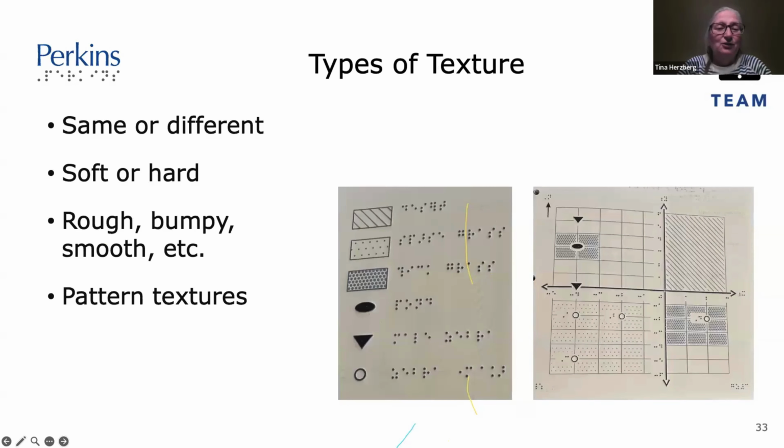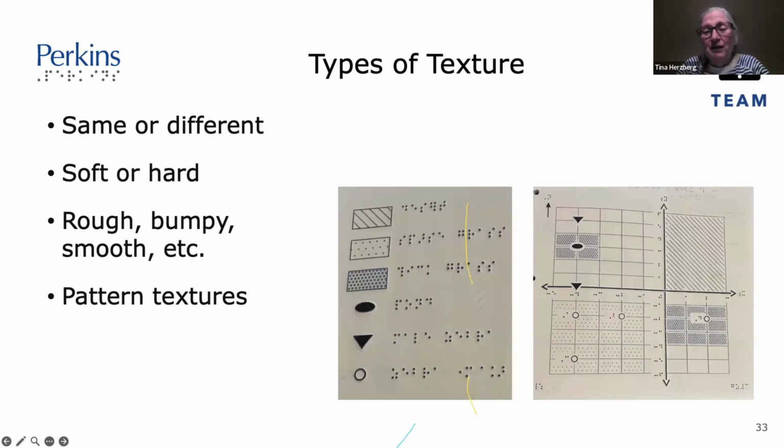So types of textures. At first, even sometimes just, are they the same texture or are they different? Is it soft? Is it hard? Can they describe what they're feeling and are they able to distinguish? At first we really want to give them textures that are very, very different before we introduce textures that don't have quite as easily recognizable differences.